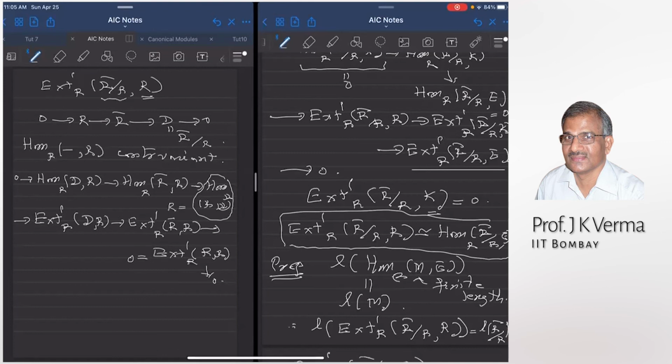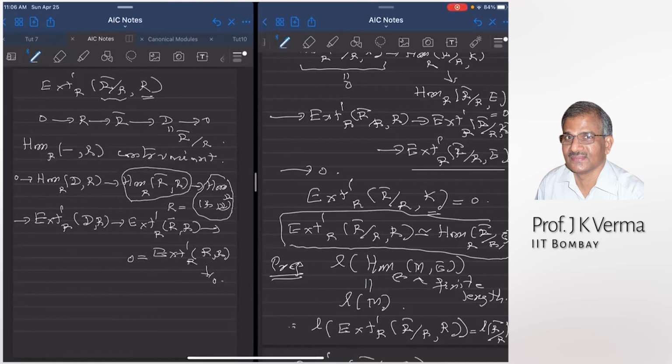Okay. What is Hom(R bar, R)? Can anybody tell me? How do we produce homomorphisms from R bar to R?